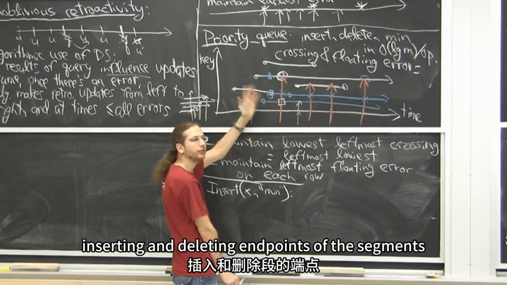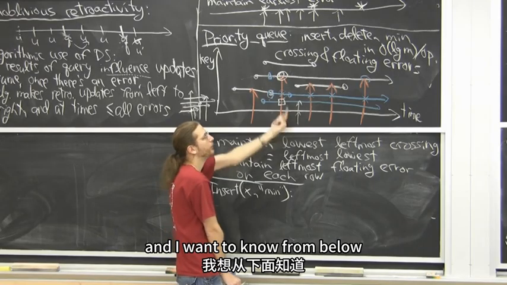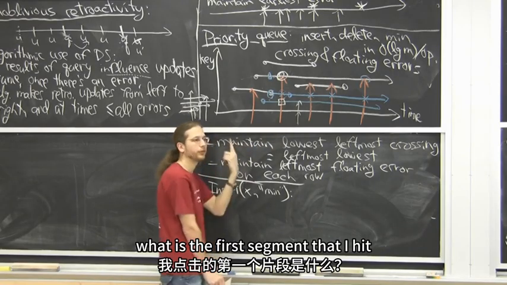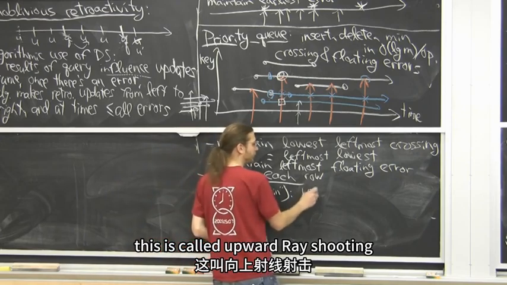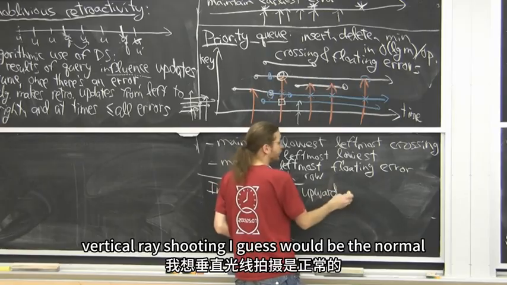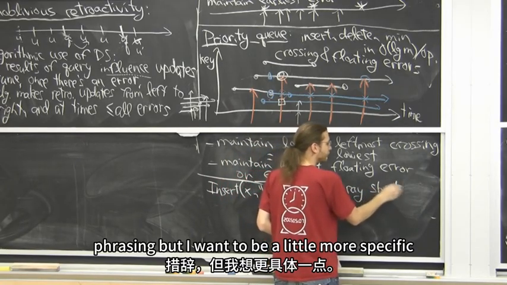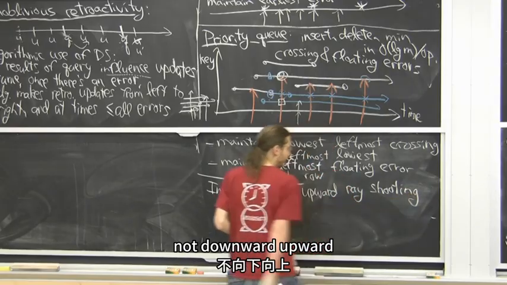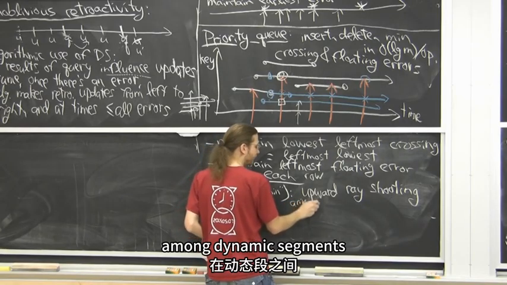They're changing, inserting and deleting endpoints of the segments. And I want to know, from below, what is the first segment that I hit? This is called upward ray shooting. Or vertical ray shooting, I guess would be the normal phrasing, but I want to be a little more specific, not downward, upward, among dynamic segments.